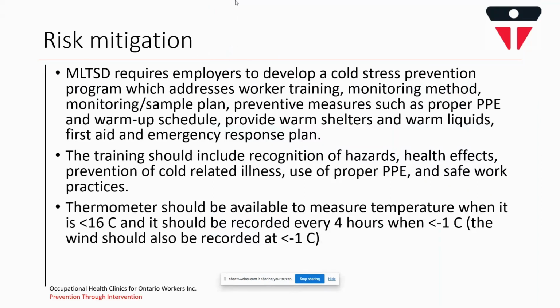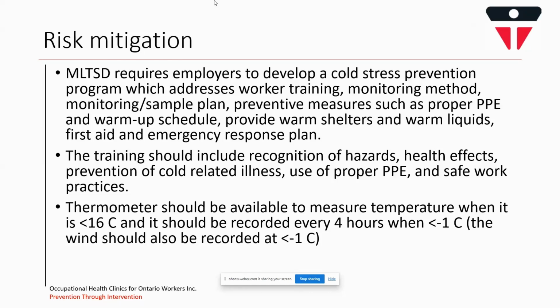So risk mitigation: how do we control this or reduce the hazard of cold stress? The Ministry of Labour Ontario requires employers to develop a cold stress prevention program, which addresses worker training, a monitoring method, a monitoring sampling plan, preventive measures such as proper use of PPE and warm-up schedules, and also to provide warm shelters and warm liquids, and also develop first aid and emergency response plans.